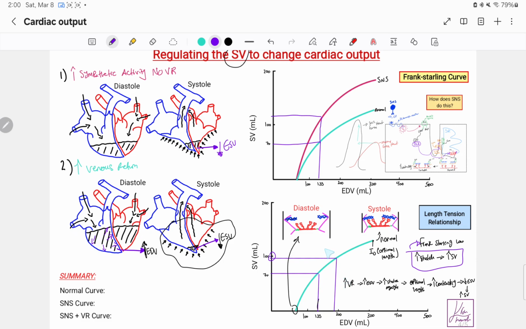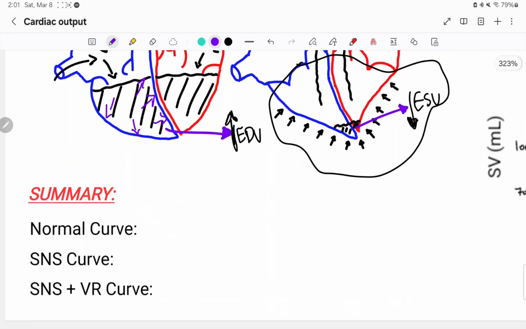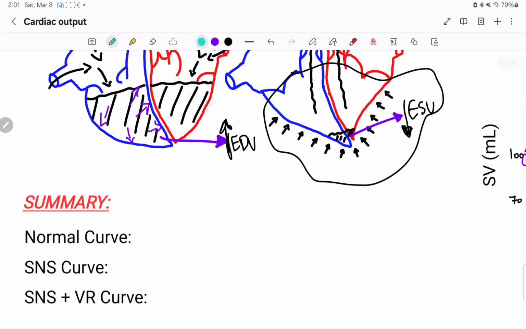But something you do have to know, and that we'll talk about, is that when the sympathetic nervous system gets activated, on top of acting on the ventricular myocytes to increase their contractility through this pathway, it can also increase venous return. We'll talk about that next slide when we put everything together. And if that is the case, you're going to get a double response. So we're going to look at that over here in a little summary.